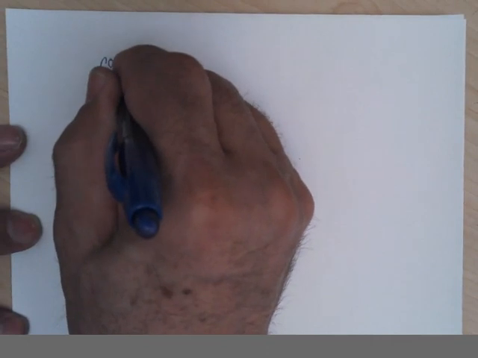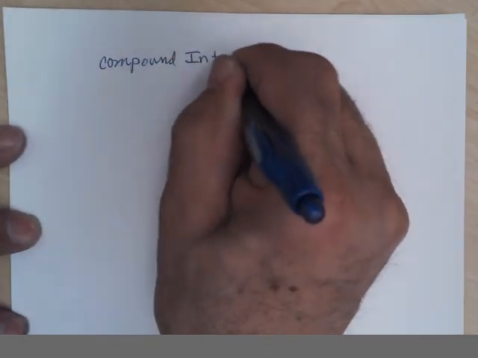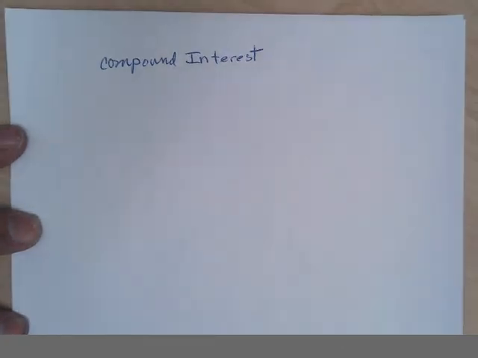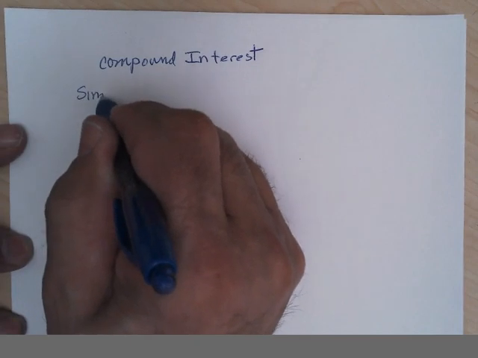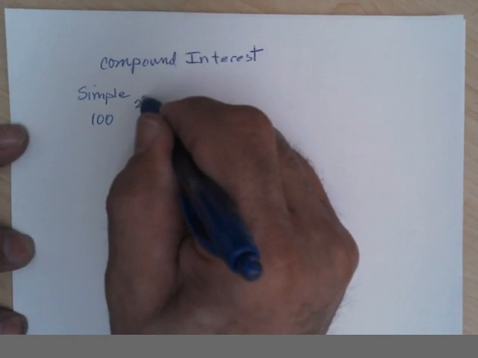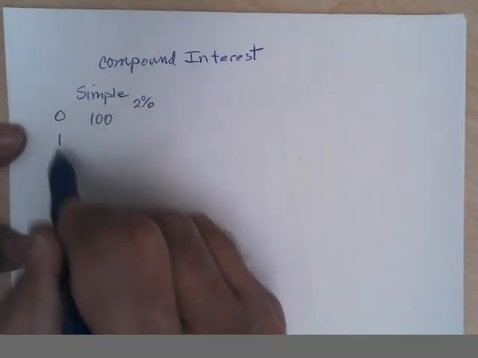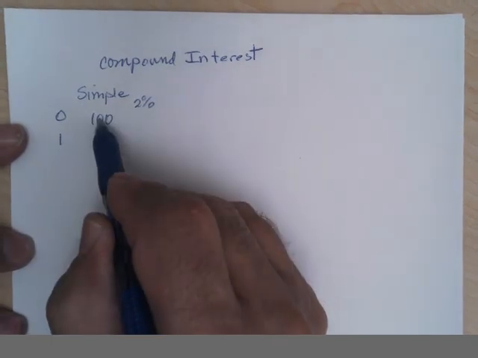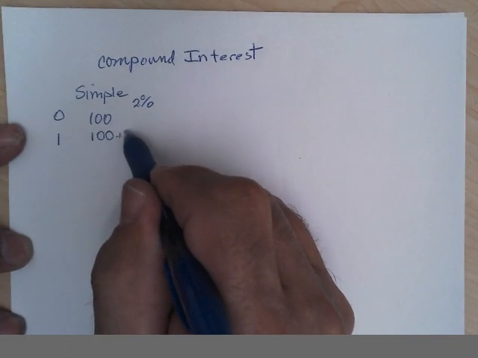Now let's talk about compound interest. Okay, so to understand that, you could have simple interest, that's not compound. If I put $100 in the bank, and let's say it's got 2% interest, that means after 1 year, 2% of this will be added to this, and I get $100 plus the 2%, which is $2.